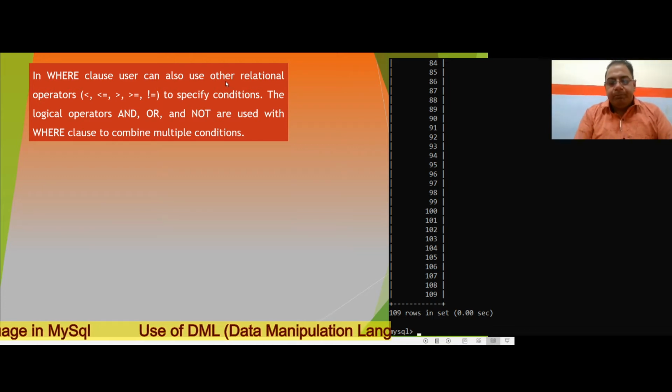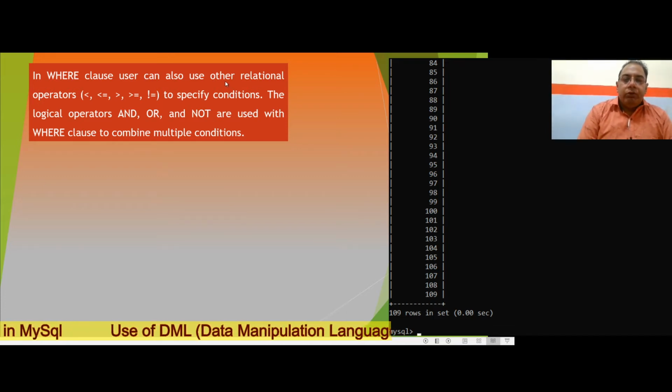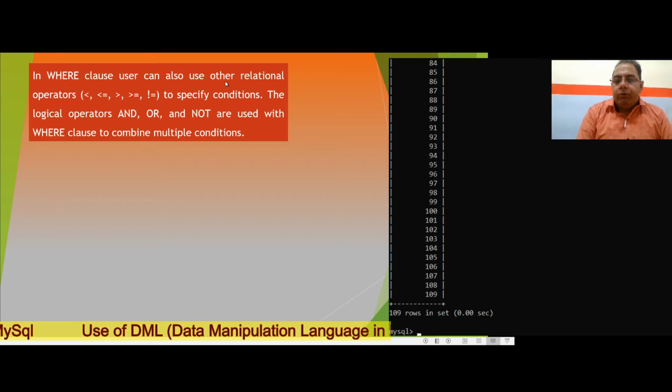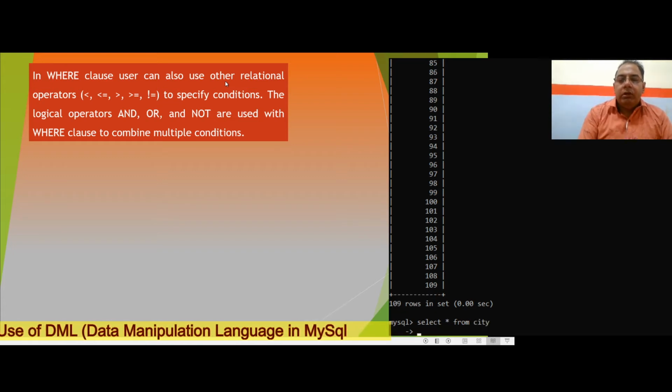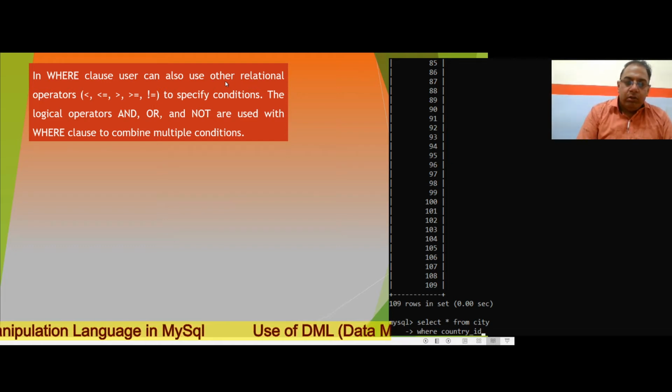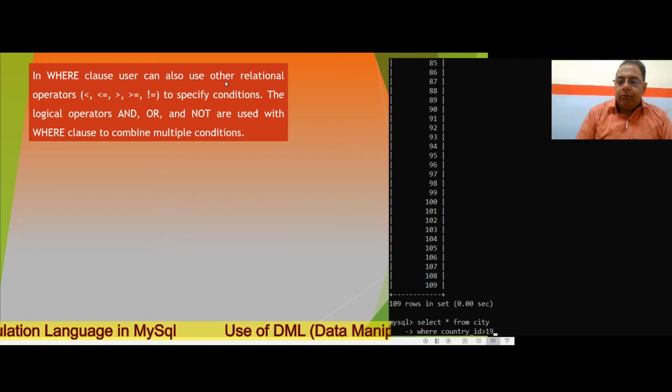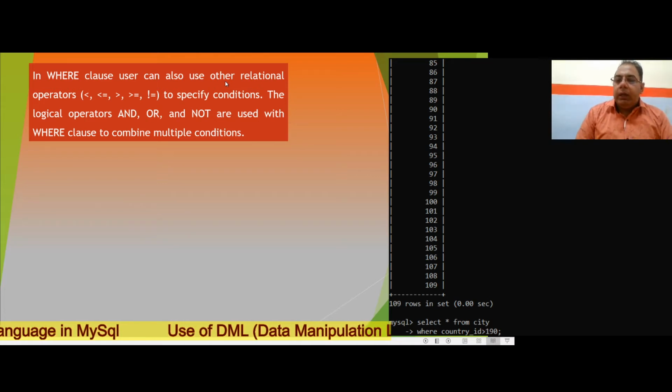For example, I want to show the record from the table. Select star from city where country_id is greater than 190.